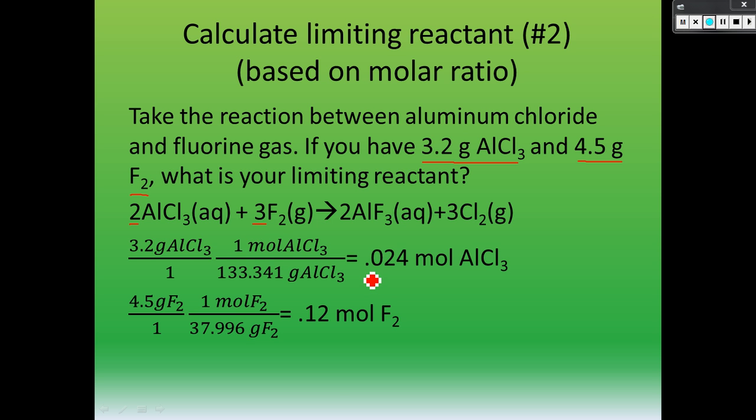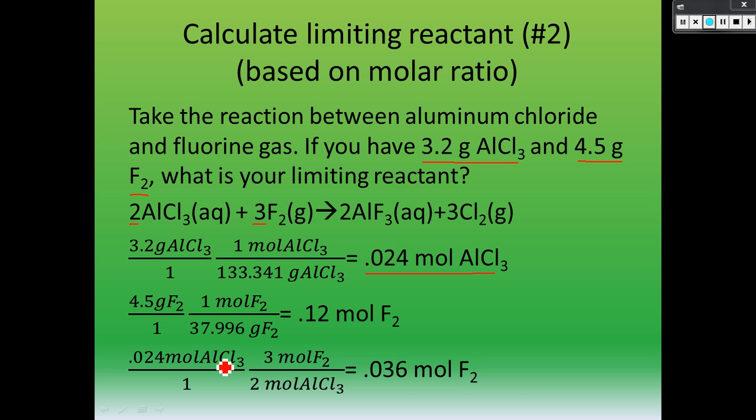So I'm going to take my aluminum chloride, and I'm going to write an equation like this. My 0.024 moles of aluminum chloride, and then I'm going to calculate how many moles of fluorine gas I would need for that many moles. So I say it's 3 moles of fluorine gas to 2 moles of aluminum chloride. My moles of aluminum chloride cancel.